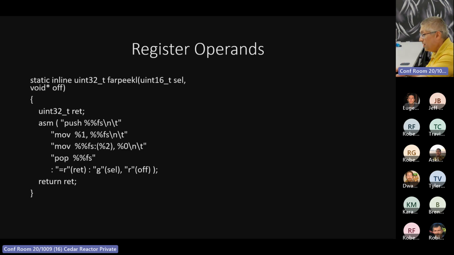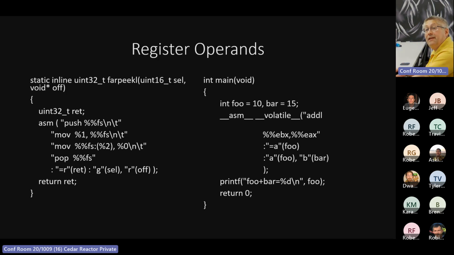So let's do an example here. Here we have an output with an equal R, and that is the RET variable that was defined up here by the uint32. That will be written to, and then it will be returned at the end when this function is completed. A G stands for either a register or a memory, and that is put in from the input variable.